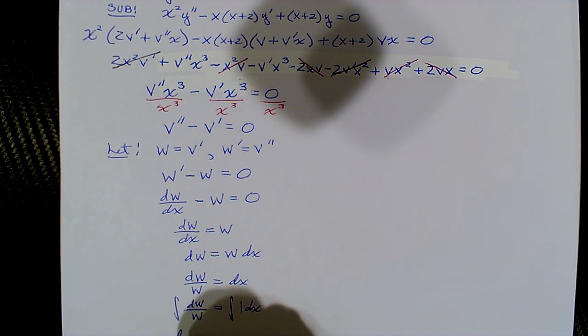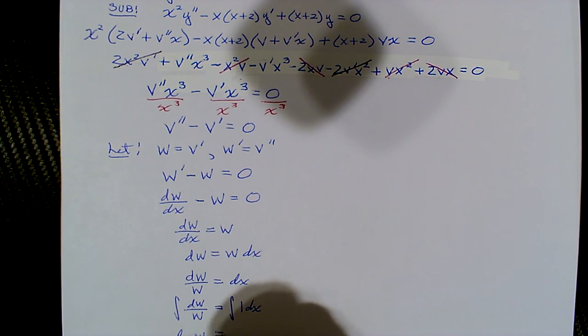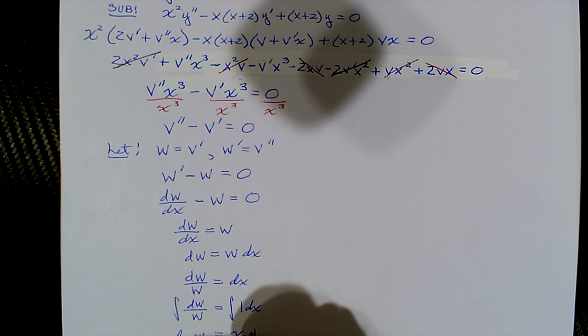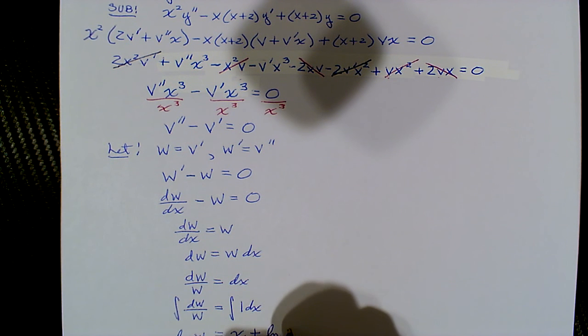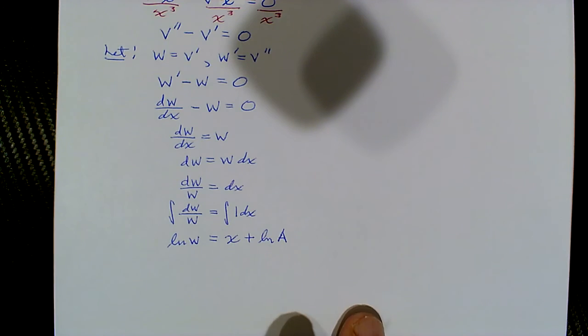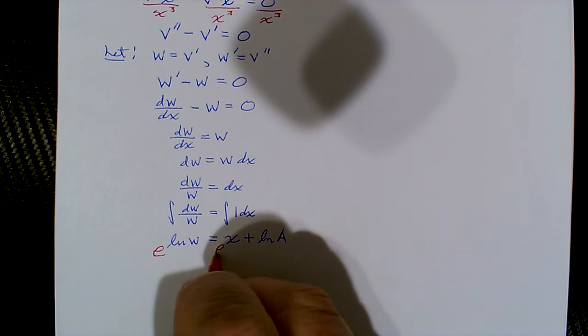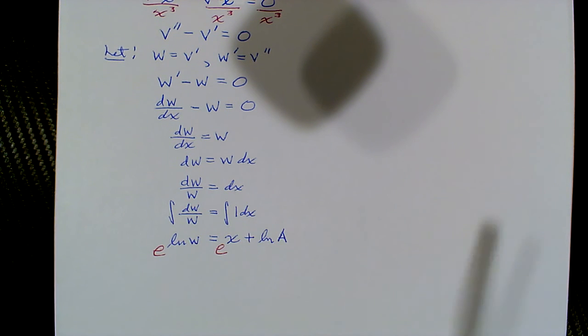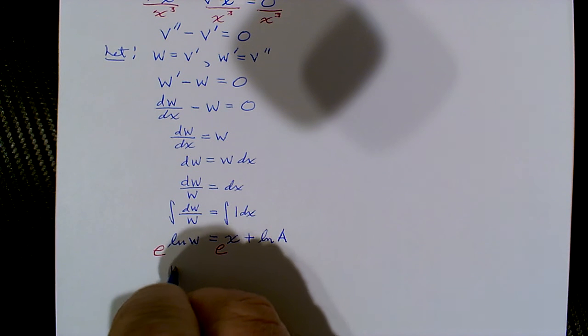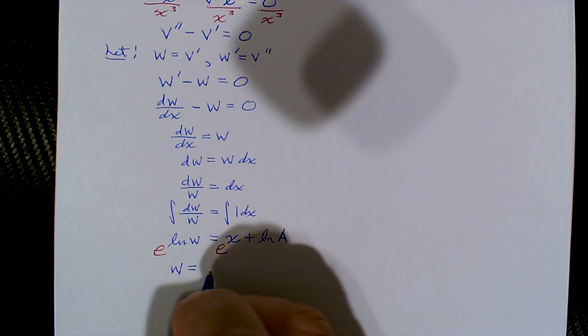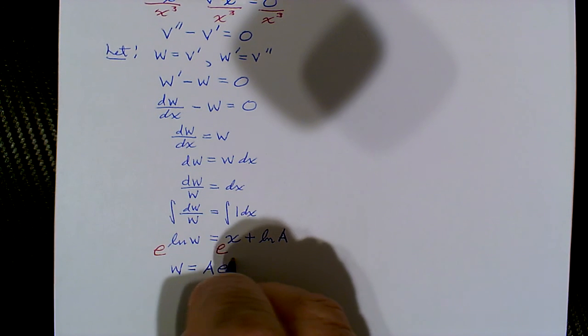So we get the natural log of w is x plus, call that the natural log of a. And now we'll solve for w by Eulerizing. So we get that w equals a e to the x.